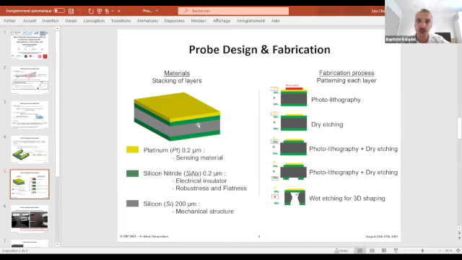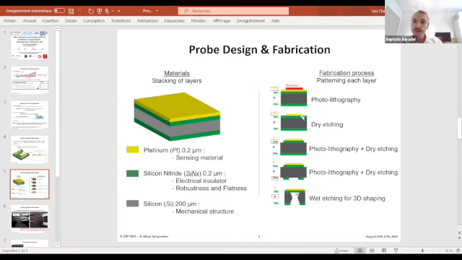It is the main choice we made for the materials because it acts first as an electrical insulator between platinum and silicon, but it also ensures the robustness and the flatness of the long bridge that we saw before. And finally, we have the silicon, which is the main material for the probe and ensures the mechanical structure.